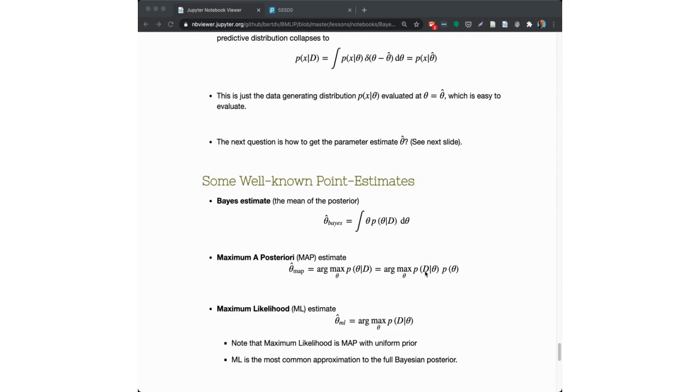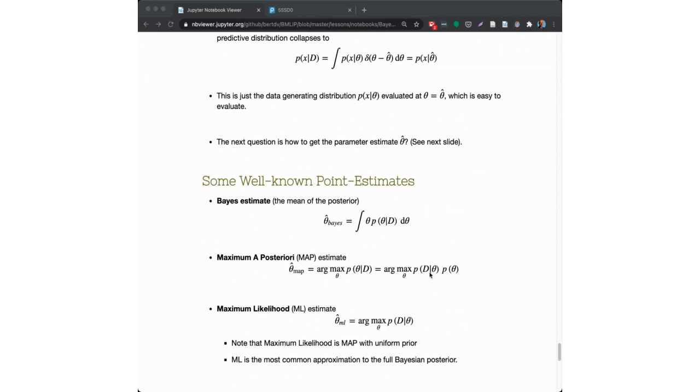Now, if I get a lot of data, this is usually a very sharply peaked function. The more data I get, the more sharply peaked this gets. Because you can imagine that, if for individual data points this is a Gaussian, then P of D is going to be the product of all these Gaussians, and it's going to be a really sharply peaked Gaussian with a very small variance.